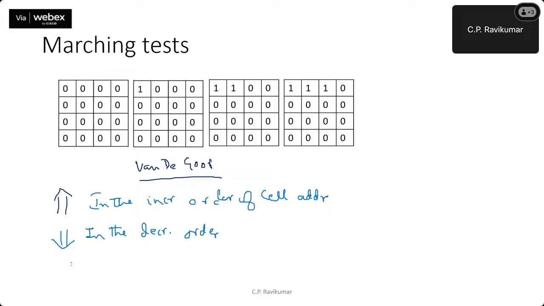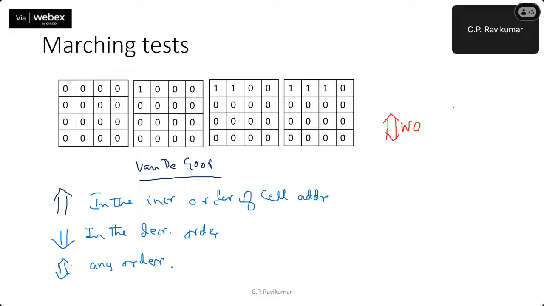And sometimes, if you write like this, it means it doesn't matter which order, any order. So if I write something like this, it means write 0 into all the cells in some order.